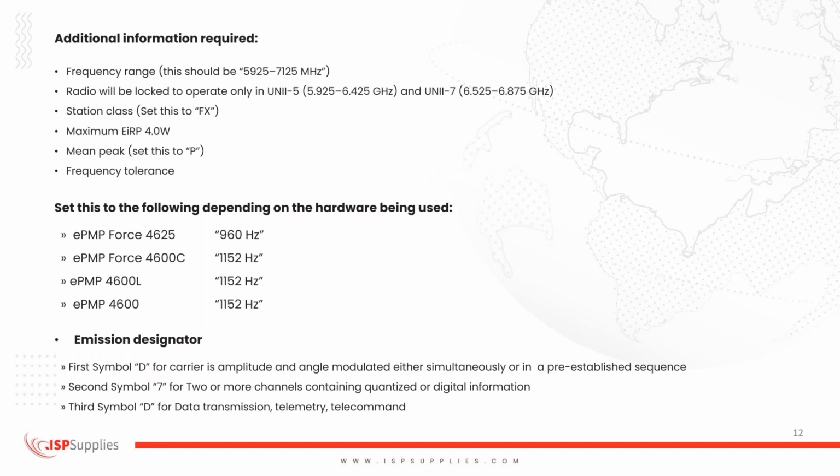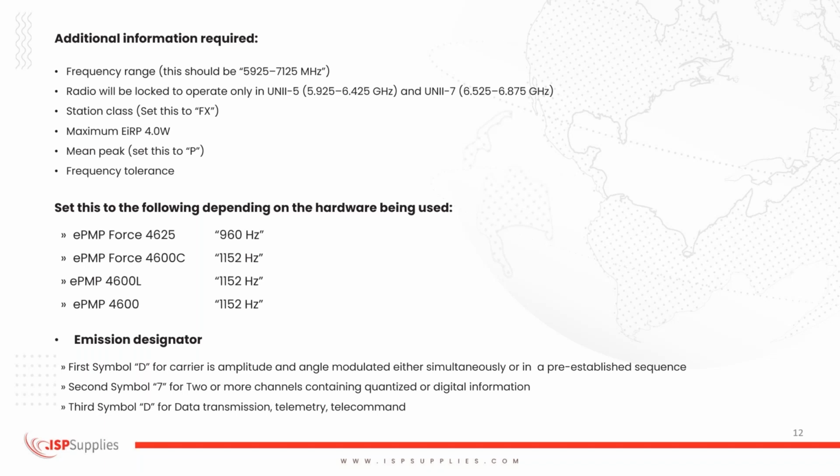The mean peak set to P. These are things that the FCC OET has already determined. You're just sending them back from the information you get from the FCC to fill this out properly. And of course, frequency tolerance, which is also listed in the documentation on your system.